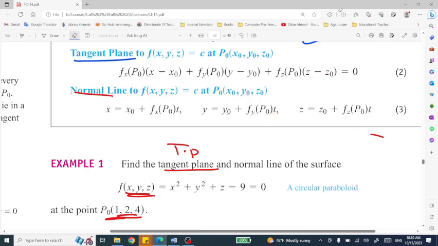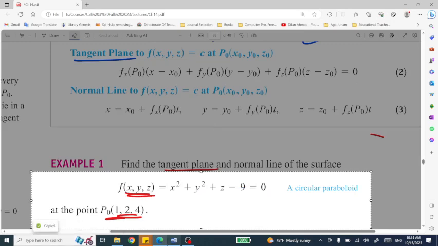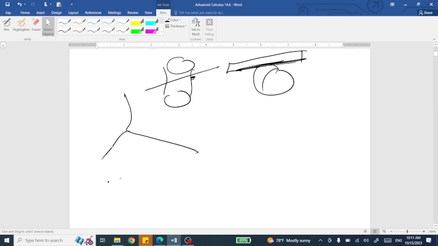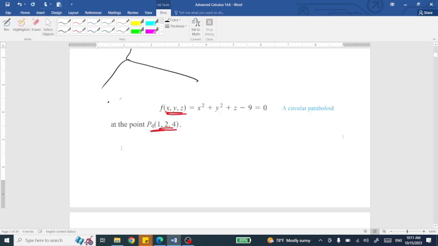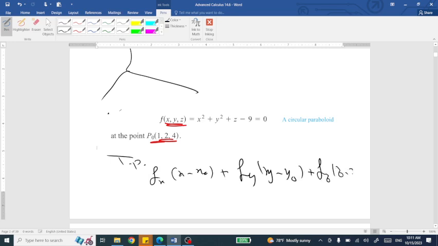We say the tangent plane is equal to fx, at the point, times (x minus x naught), plus fy times (y minus y naught), plus fz times (z minus z naught), equal to 0.